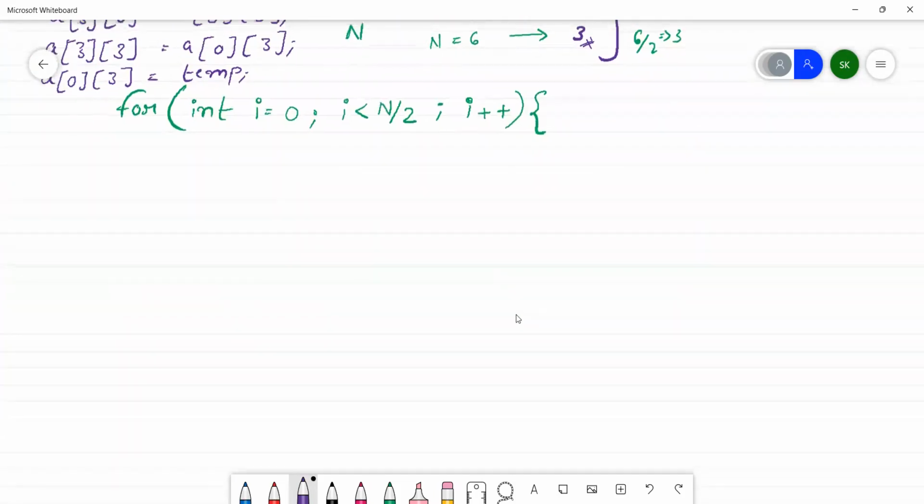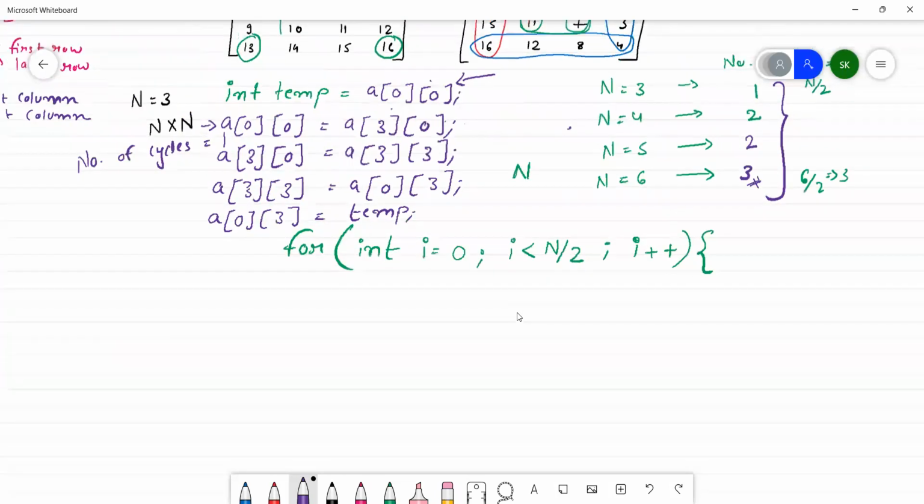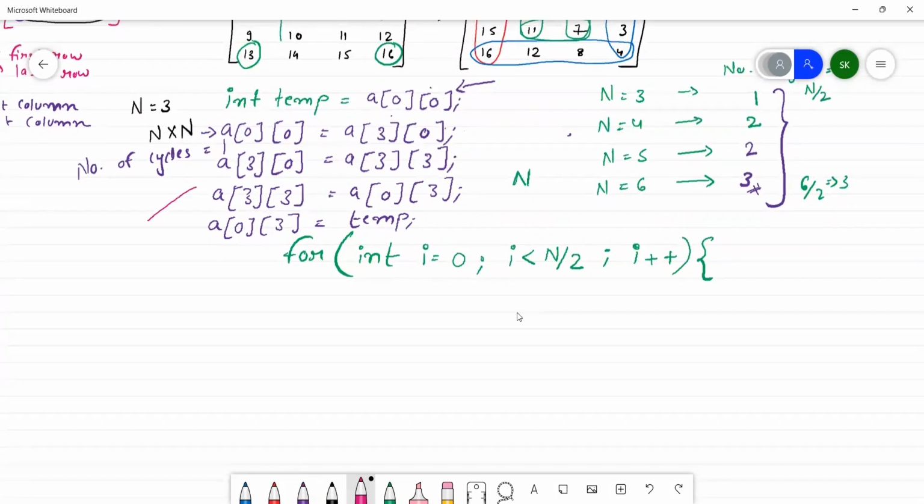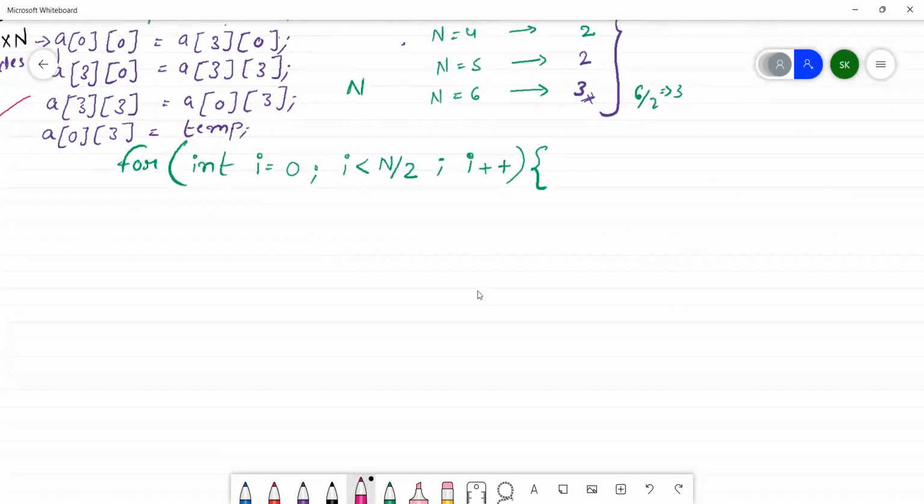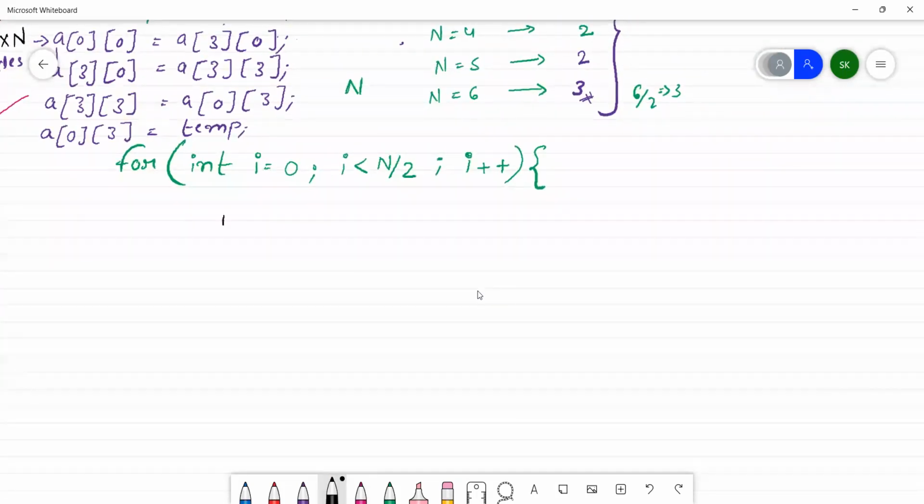So I was just trying to derive a general formula out of it. Let's just write here and we will know. You know that your inner loop is going to continue from where your I is continuing, that is 0. Yes or no?